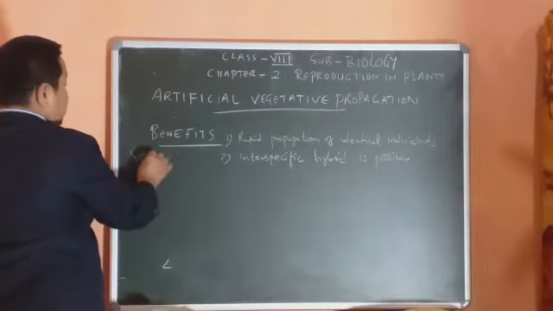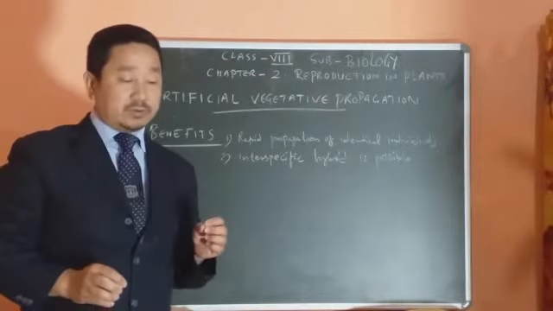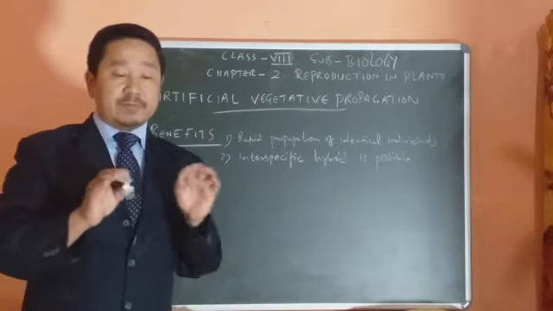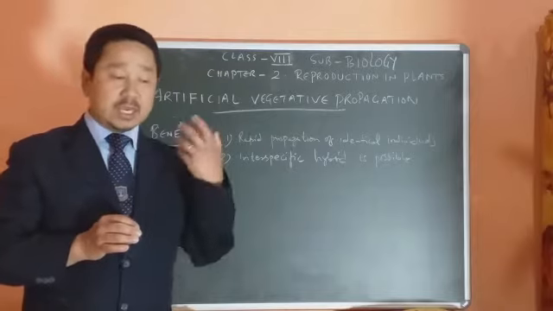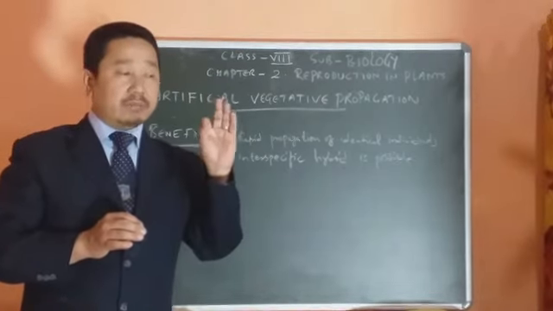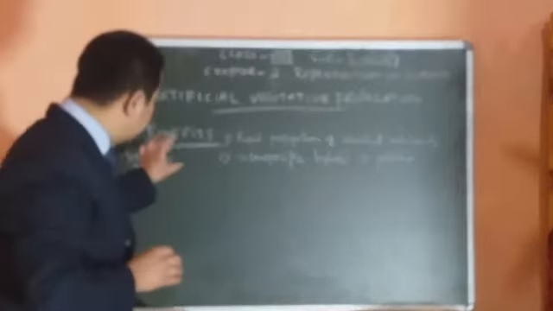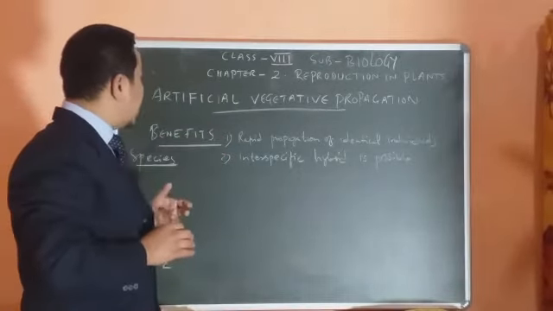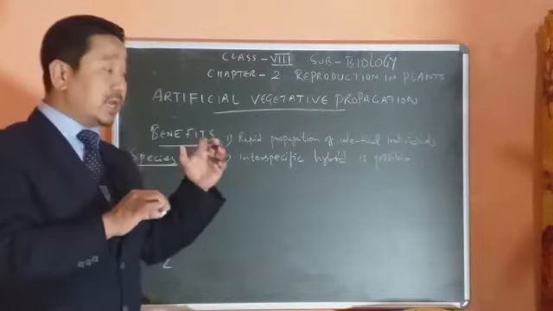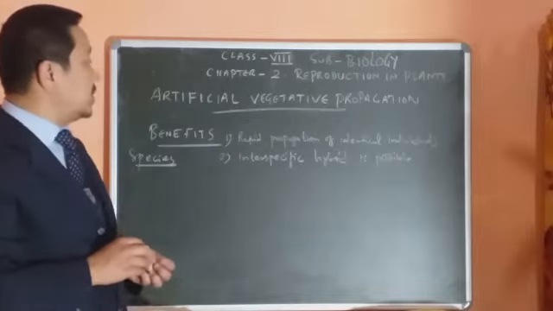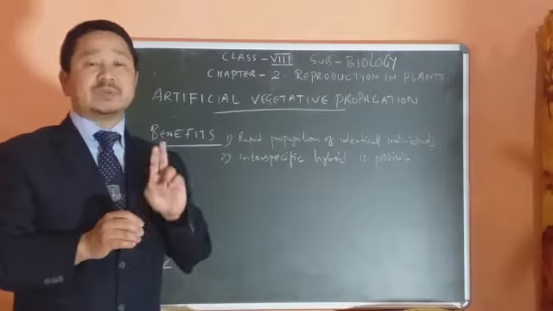I have already told you in class that when different members of an organism can interbreed, that is a species. Human being is a species, mango is a species, guava is a species. In artificial vegetative propagation, though not naturally, artificially we can even hybridize two different species of plants.